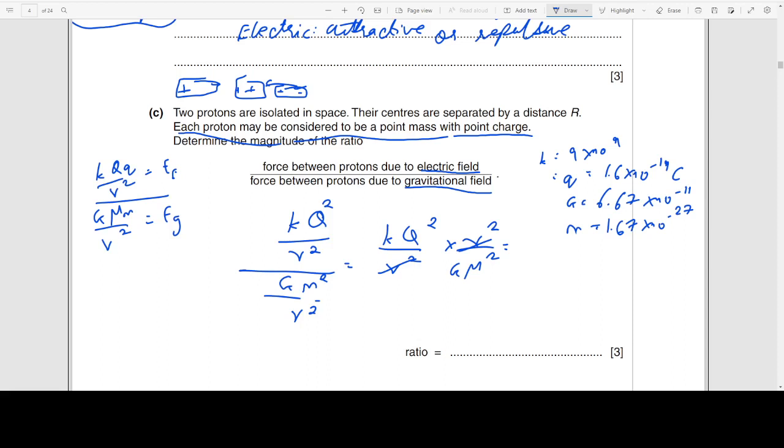Now if we just substitute this in kq square upon Gm square, let's see what we get.